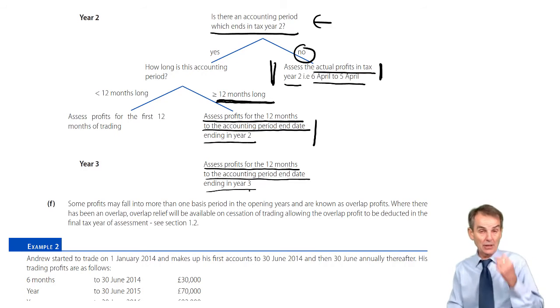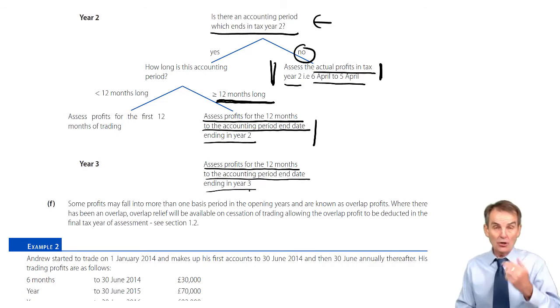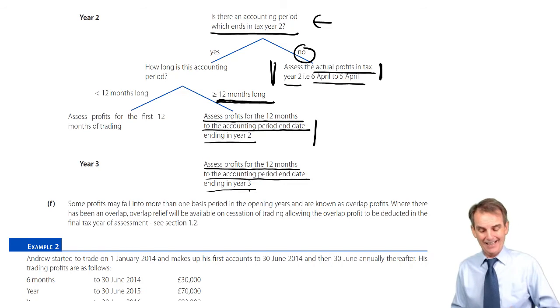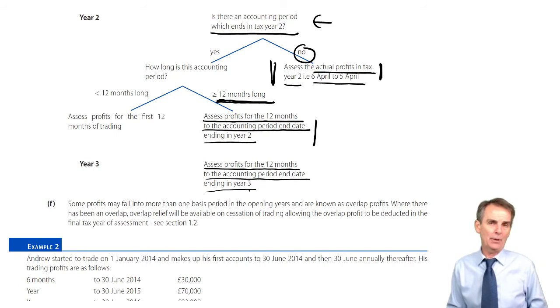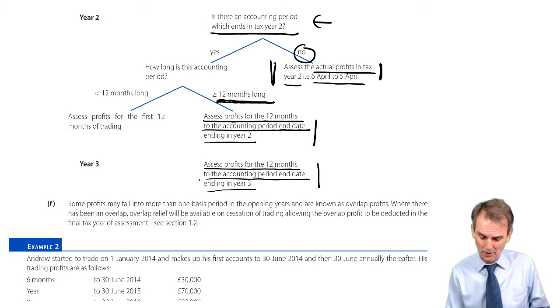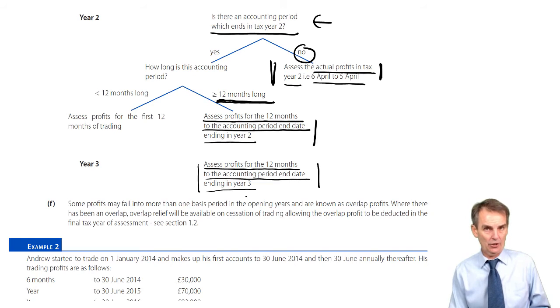What you'll now discover in this circumstance is, just like what happened in the previous example a moment ago, that in the second tax year you had a long opening period that ended in that year. Now you'll have a long opening period that ends not in the second, but in the third year. And we'll do exactly the same as we did then: assess the profits for the 12 months to the accounting period end date, ending in that year, this time year 3.